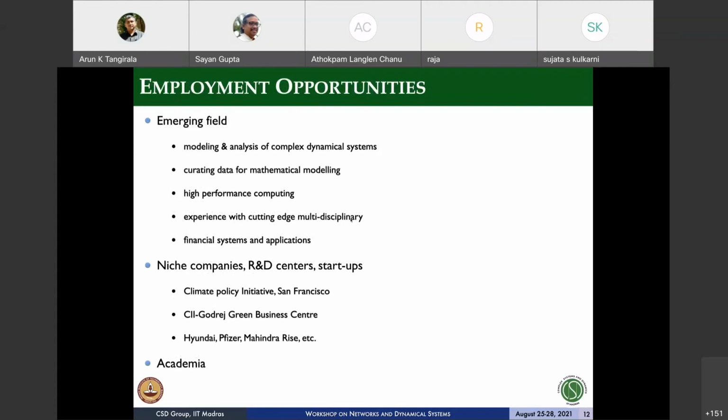But what we believe is that whether it is industry or academia, you will have a very strong employability skill once you graduate from this group, because you're going to deal with complex systems, which places you at a fantastic interface with many disciplines, and the skills that you develop are not necessarily for a particular domain, but for handling different domains, and that is what really makes you highly employable.